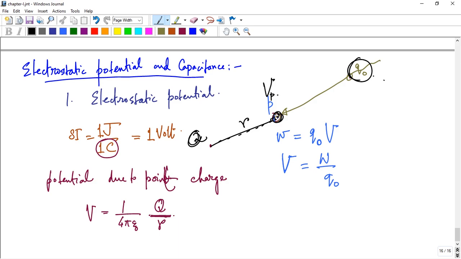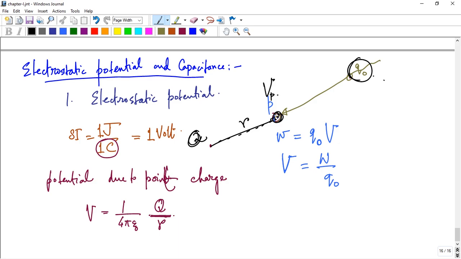If it is a positive charge, we get positive potential, negative charge gives negative potential. So potential is a scalar quantity, but depending on the source charge, if it is positive, the potential is positive, if negative, the potential is negative. Okay.